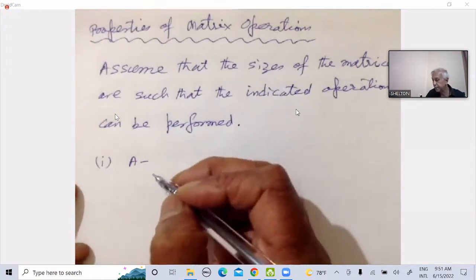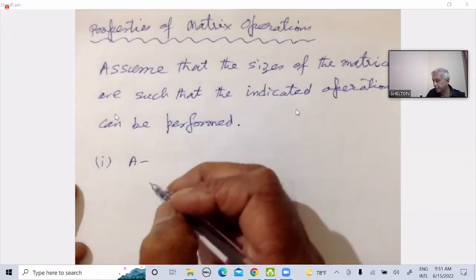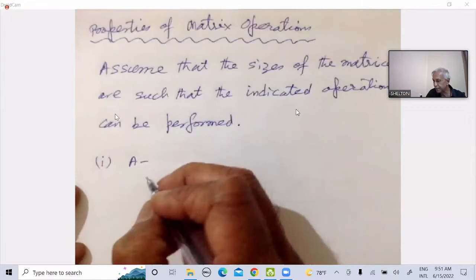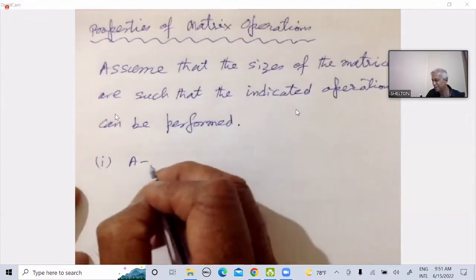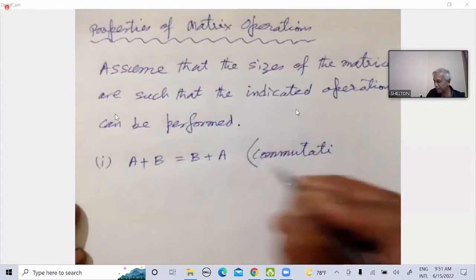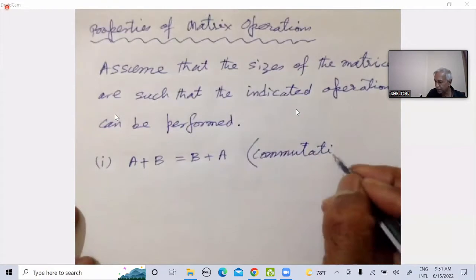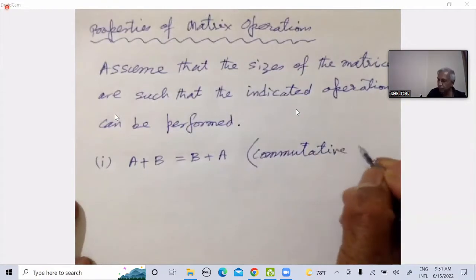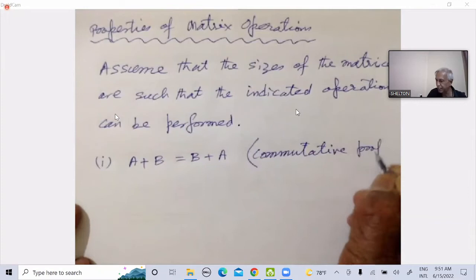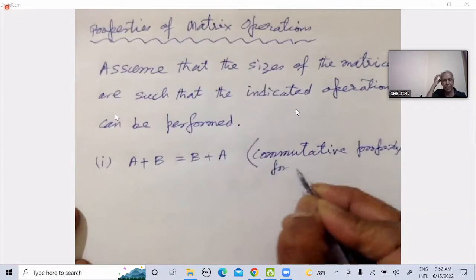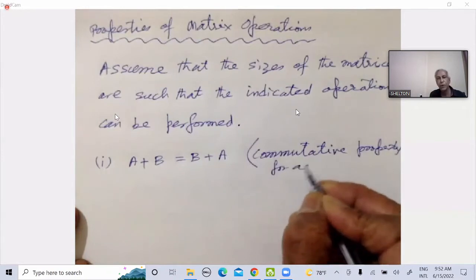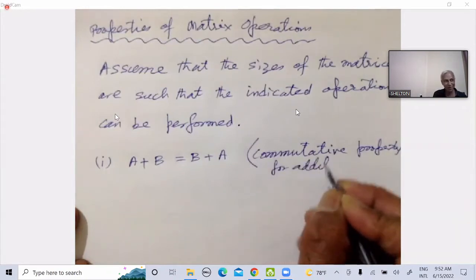You don't need the word commutative, but it may be helpful. Commutative property for addition. When we say for addition, is it also true for subtraction?